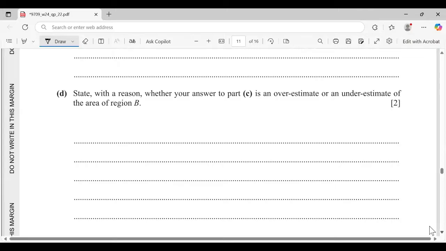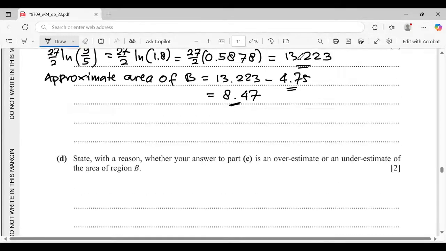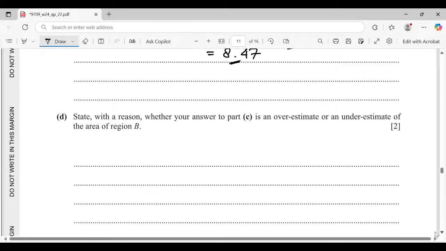Next, state with a reason whether your answer to part C is an overestimate or an underestimate of the area of region B. Region A is underestimated, which means the computed region B is overestimated. If you compare the result, this is 4.75 and this is 8.47. So the region B result is overestimated. So my answer for this question is what I have provided.